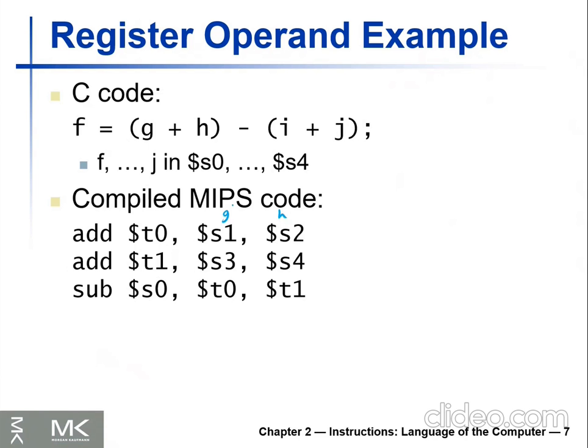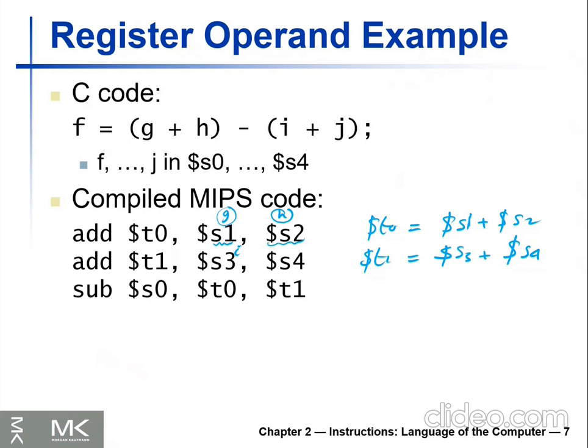So we're going to assume that register S1 has the value of G and register S2 has the value of H. So register T0 will be equal to the value inside S1 plus the value inside S2. Same for T1, it will be equal to the value inside S3, which is I, in that case, and the value of S4.